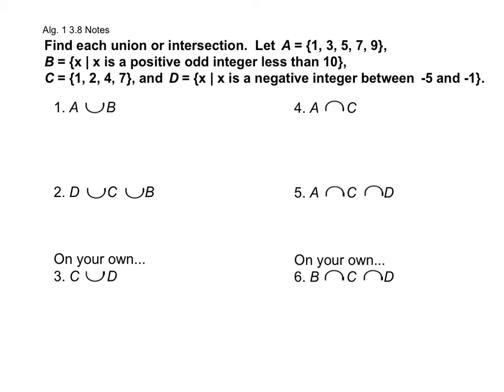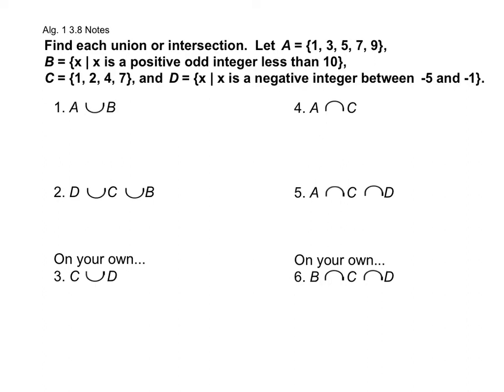All right, so our instructions are to find each union or intersection. We've got a set for A, which is 1, 3, 5, 7, and 9. And then we have a set for B, which equals X, such that X is a positive odd integer less than 10.